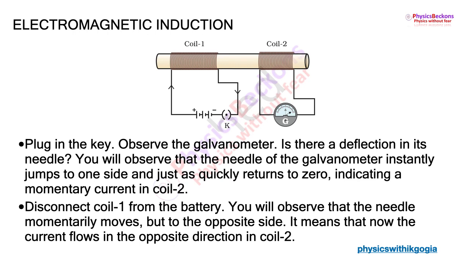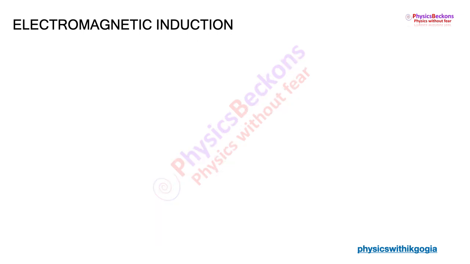So pass the current, you get deflection or current. Stop the current, you again get deflection but now in the opposite direction. So whether you increase the field from 0 to a certain maximum or you decrease the field from maximum to 0, in both cases you get current in coil 2. However, the direction of current is different.